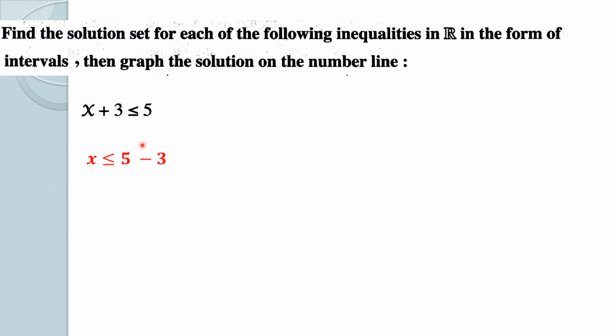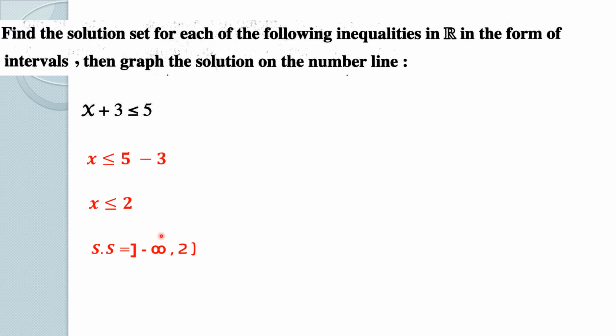So here we have x less than or equal to 5 minus 3. So x less than or equal to 2, which means that the solution set is the interval of all numbers less than 2. So the interval will be negative infinity to 2 closed.